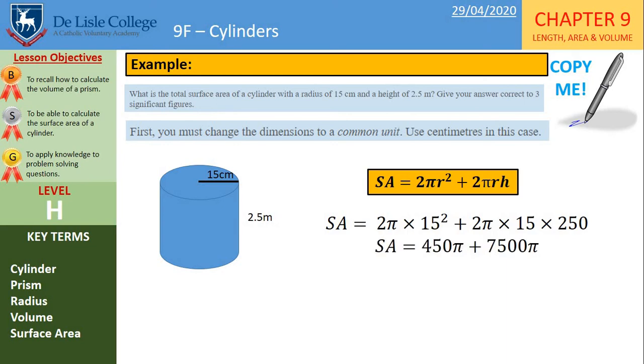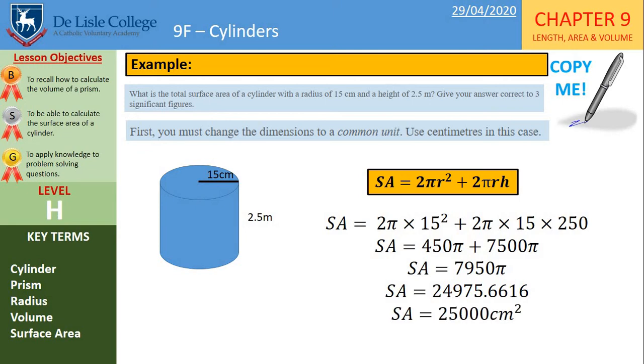So we could work out that first part is 450 pi and the second part is 7,500 pi and add them together. However, this time we are asked to give our answer correct to 3 significant figures. So that's the value we get on the calculator, and then we round it, we get 25,000 centimetres squared. Just remember, this is area, so it is going to be centimetres squared.